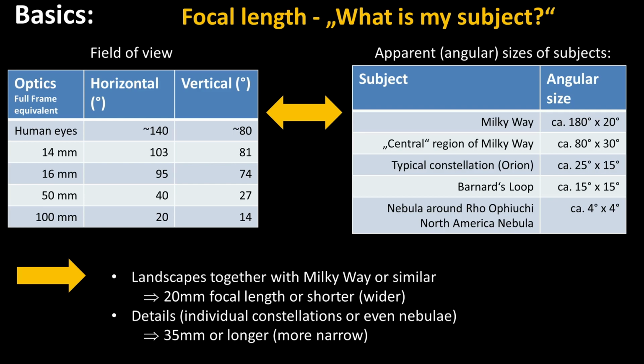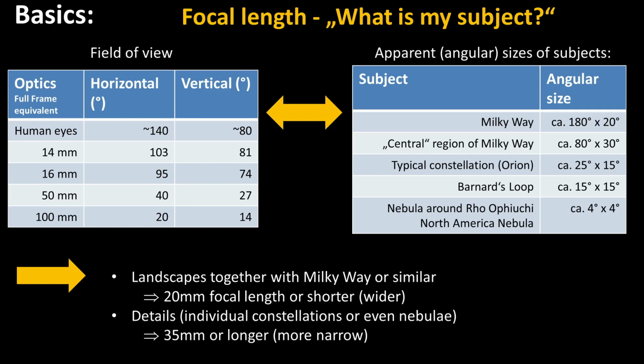Or if you just want to take a picture of the central region of the Milky Way, which has 80 degrees by 30 degrees, then probably a 14 millimeter lens would be good.